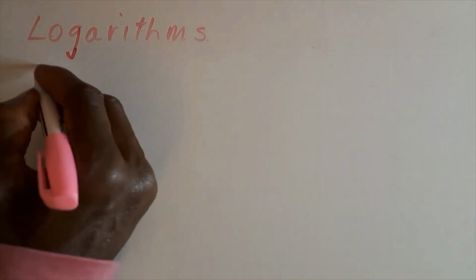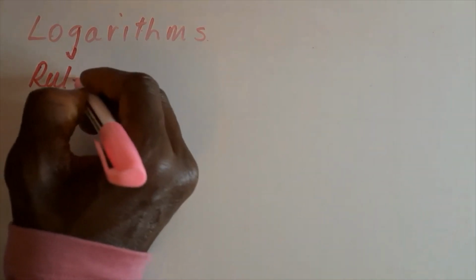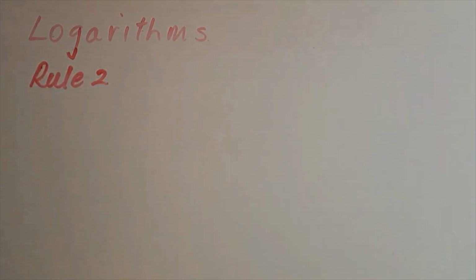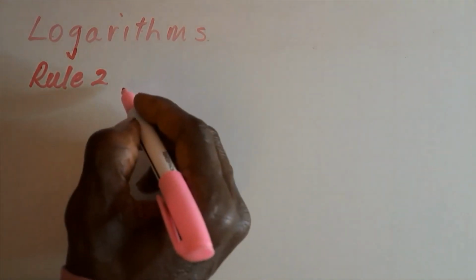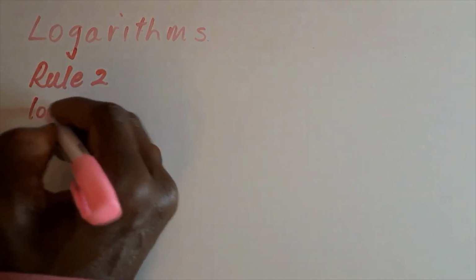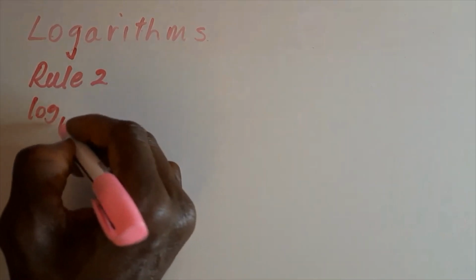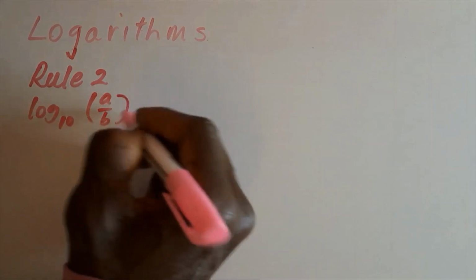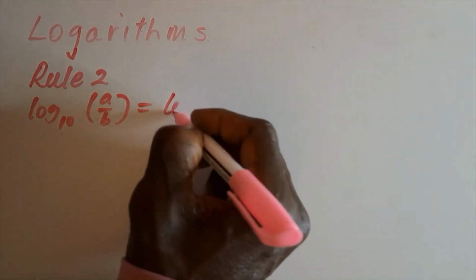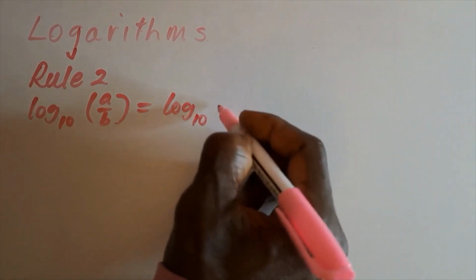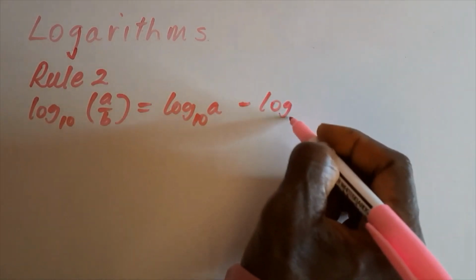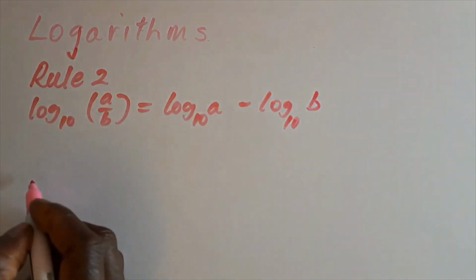We'll tackle rule 2 in this video of logarithms. And it states that if we have the log to the base 10 of a divided by b, we can simplify this to log base 10 of a minus log base 10 of b.